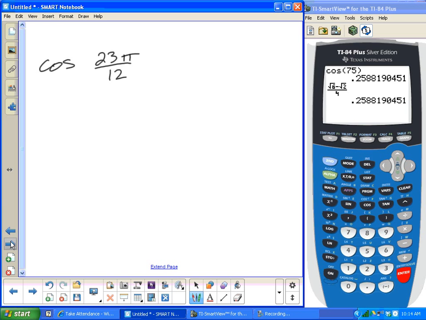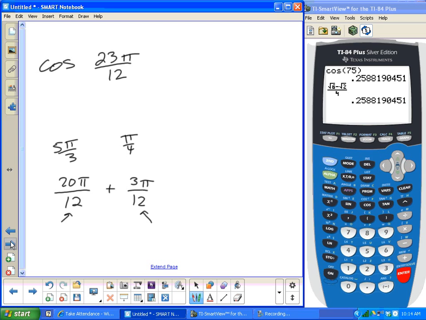How could I write 5 pi over 3 in terms of 12s? And the other one I said was pi over 4, and so obviously I'm using a sum. 3 pi. All right, y'all see how those would work? So my two angles that would add up to be 23 pi over 12 were 5 pi over 3 and pi over 4. Now, that's kind of complicated because you have to get the common denominator.